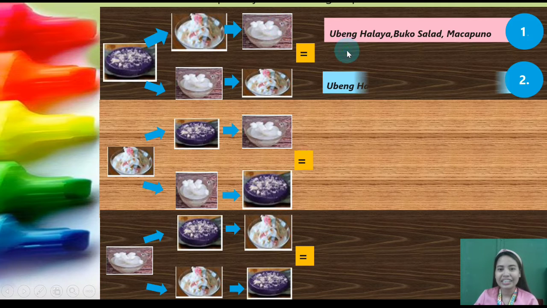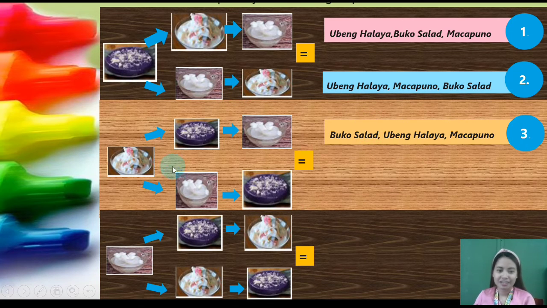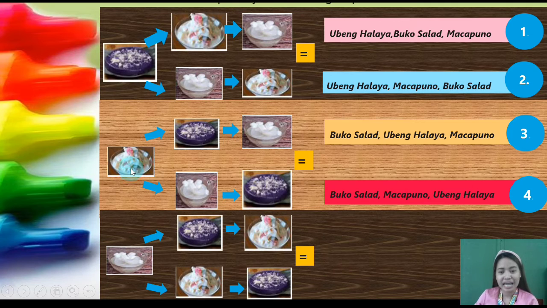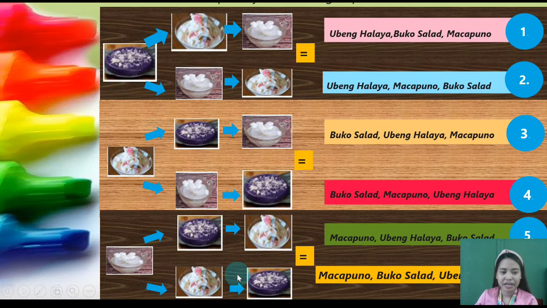The second way, we have ubing halaya, makapuno, and buko salad. The third way, buko salad, ubing halaya, and makapuno. The fourth, buko salad, makapuno, and ubing halaya. The fifth, makapuno, ubing halaya, buko salad. And the last way, makapuno, buko salad, and ubing halaya.